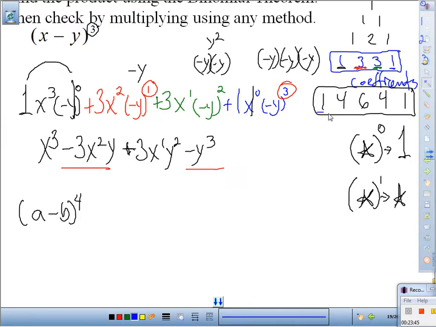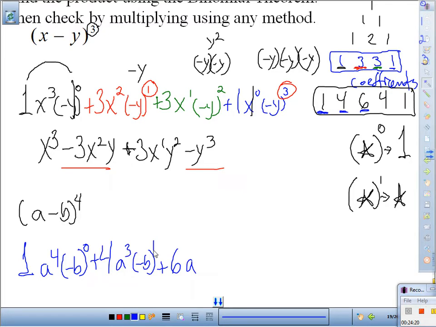All right, so let's see. Let's get started. What is my first number? 1 times what? A to the 4th, parentheses, negative b to the 0. What's my next number? 4. So I do plus 4, and what do we know from here now? A to the 3rd and negative b to the what? To the 1st. What's next? 6. 6 times a what?